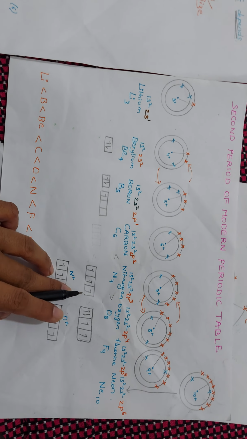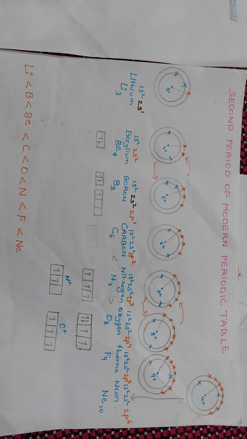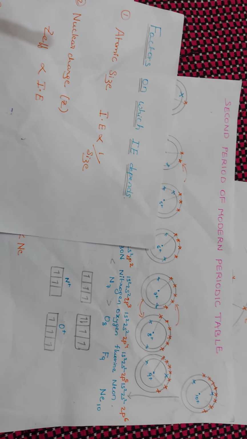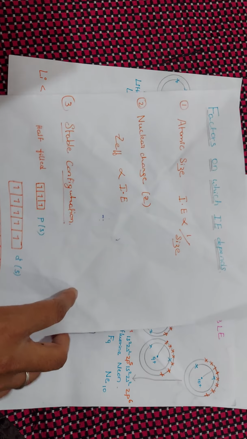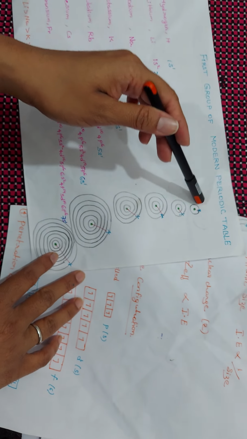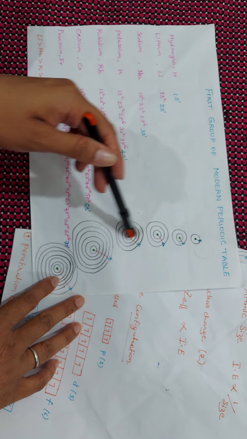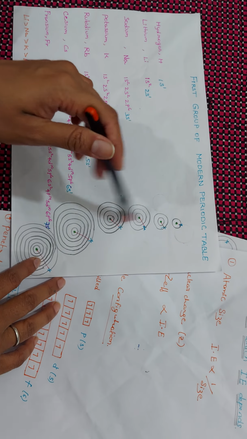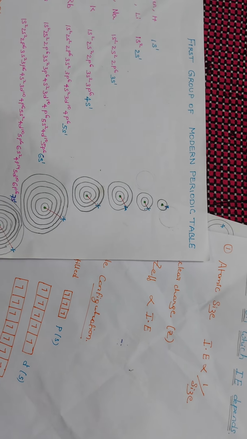The factors that affect the ionization energy of any atom are, one, atomic size. In groups, depending on this property only, we say that as atomic size increases, the ionization energy decreases. This trend is followed in every group.